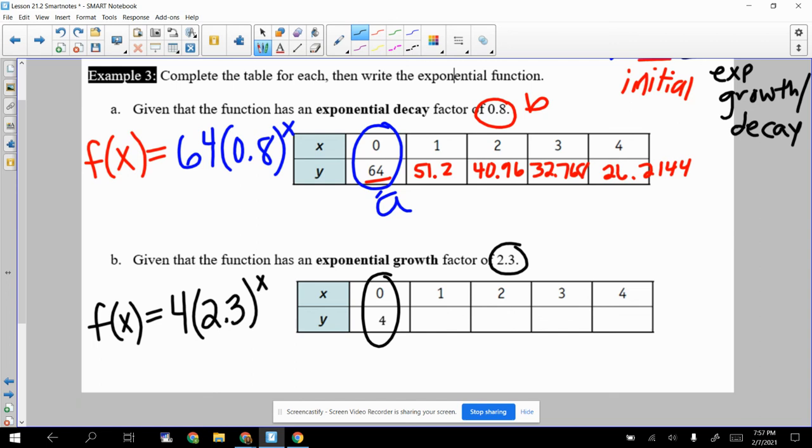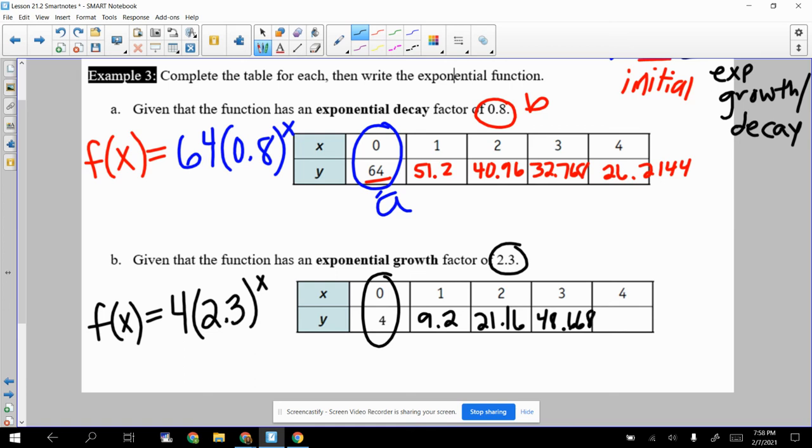And so now let's just go ahead and take 4 and multiply it by 2.3. And you guys can go ahead and do this in your calculator as well. Okay, so we have 4 times 2.3 is 9.2. Times 2.3 is 21.16. Times 2.3 is 48.668.